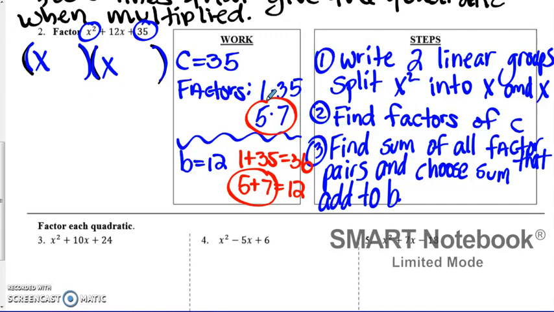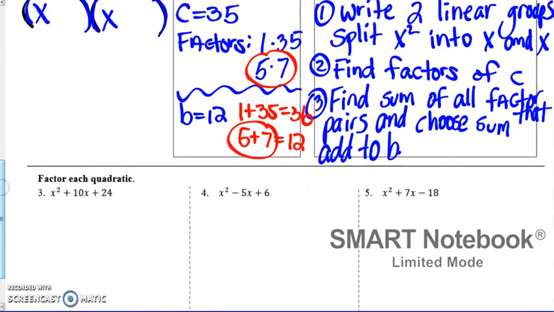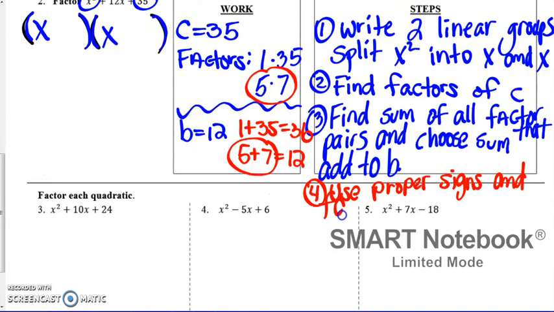Okay? And so the last thing that I'm going to do, step number 4, is I'm going to use my proper signs and factors to finish the linear equations.